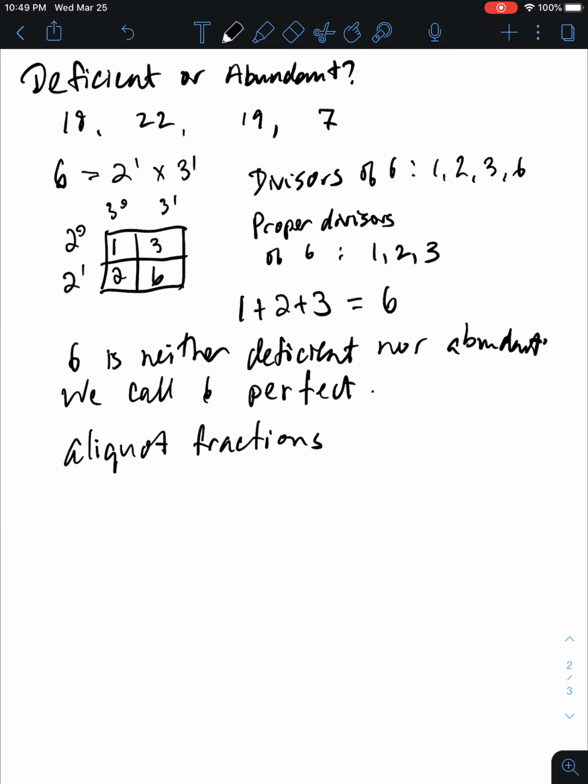However, they only knew 4 perfect numbers. And those are 6, 28, 496, which, by the way, is a number on my license plate, and 8,128. So those are the 4 perfect numbers that were known in the ancient world.